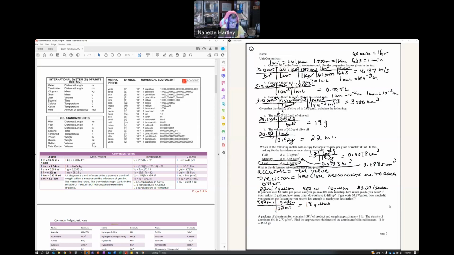A tank is 16 gallons. I need to get 2 tanks of gas because I take the 18 divided by 16, and it tells me that I need 1.1 tanks. So that's how many times I have to get gas. Gas costs $3.27 per gallon, and I need 18 gallons.